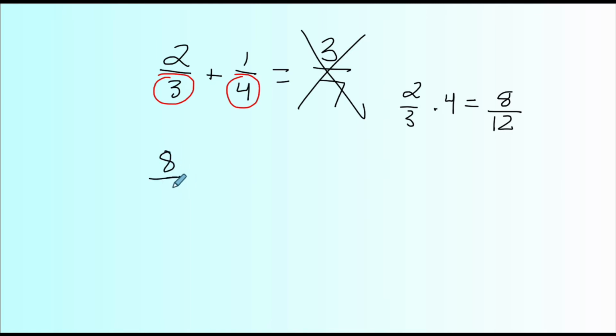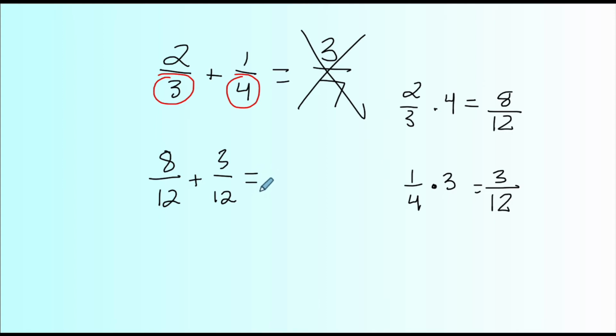So now we've got 8/12 plus, and now 1/4, we need to turn that into twelfths as well to have a common denominator. So I'm going to multiply this fraction by 3 because 4 times 3 is 12. And 1 times 3 is 3. So 1/4 is the same as 3/12. We're using the twelfths version of the fraction because now I've got common denominators.